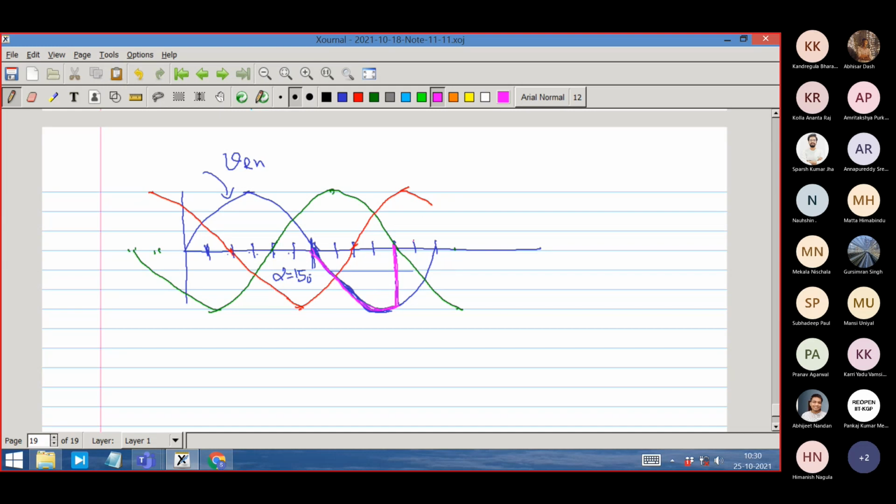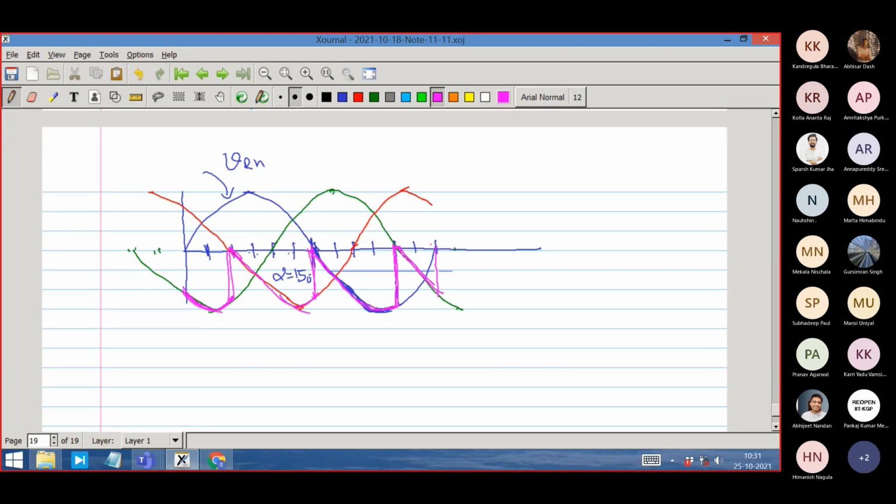Subsequently, it will take the Y phase voltage. So this will go like this, 360 degrees ending here, and then I continue from this part. So here 60 degrees I have covered, here another 60 degrees I am covering. It will come to 0, first 60 degrees here, and the next 60 degrees here.